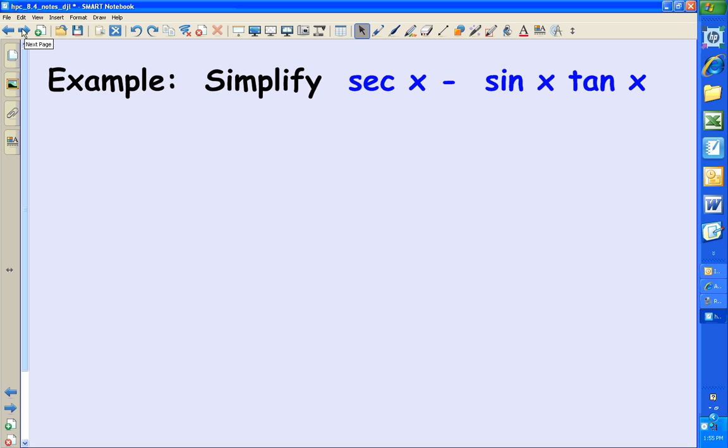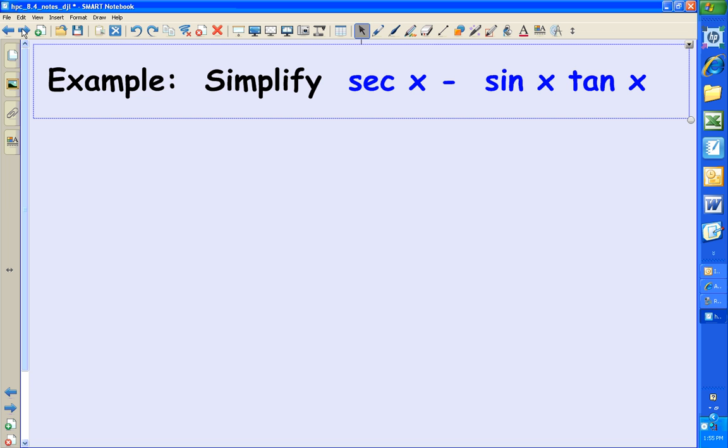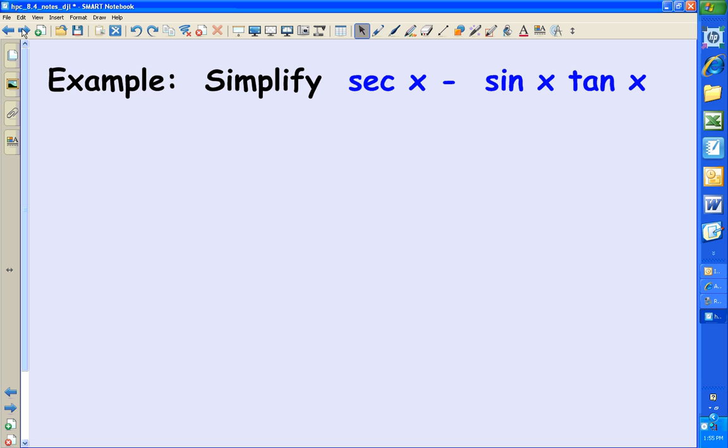We're going to simplify secant of x minus sine x tan x. There are a whole bunch of options on what you can do to simplify this, but I can't say every problem, this is what you do. It doesn't work for every problem, but you do need to be able to simplify. One useful tool is when you have all these trig ratios, get everything in terms of sine and cosine.